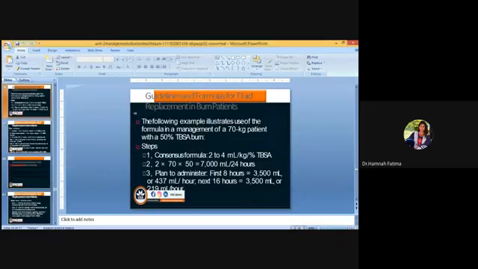Basically it is 4 ml, so 4 into 70 into 50, 14,000 mL. So 14 liters.